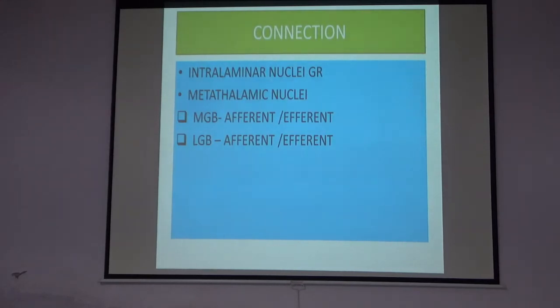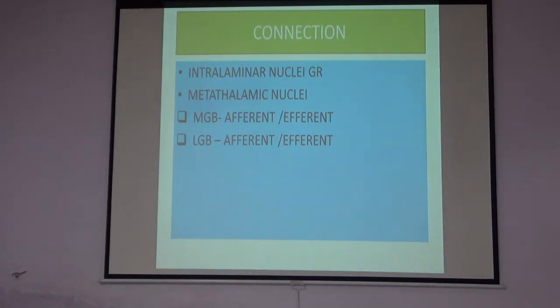The medial geniculate body has an afferent from the ascending auditory fibers originating from the trapezoid nuclei, as well as the superior olivary nuclei, lateral lemniscus and inferior colliculus. So it is involved in the auditory pathway. This medial geniculate nucleus has an efferent to the auditory cortex and fibers to the nucleus of the lateral lemniscus, as well as to the superior olivary nucleus.